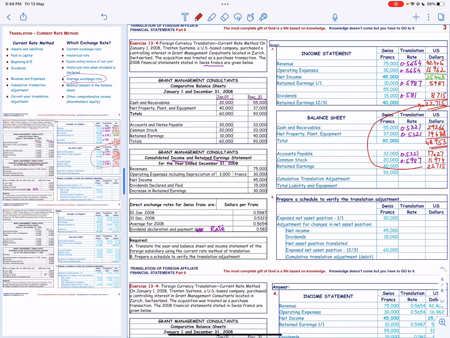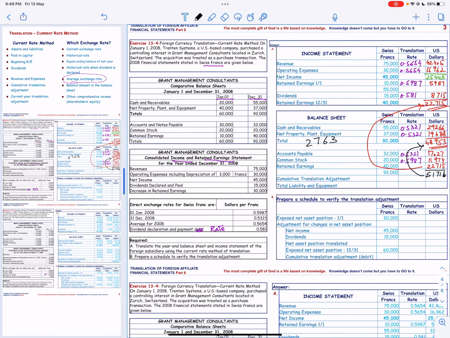Now, if you make the total of liabilities and stockholder equity, it is 51,716, and this amount is not equal to the assets. There is a difference, and the difference is of 2,763.